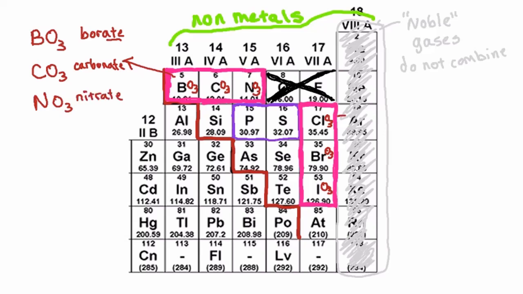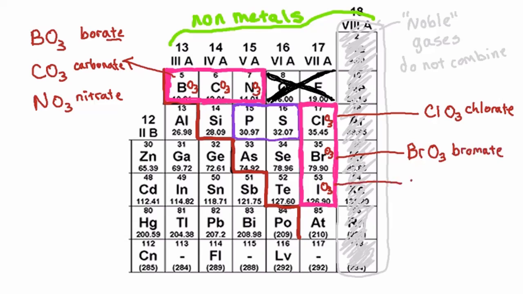And then let's look down here on this row. Chlorine is going to have 3 oxygens, and that's going to be chlorate. Bromine is going to have 3 oxygens, and that's going to be called bromate. And iodine is going to have 3 oxygens, and that's going to be called iodate.